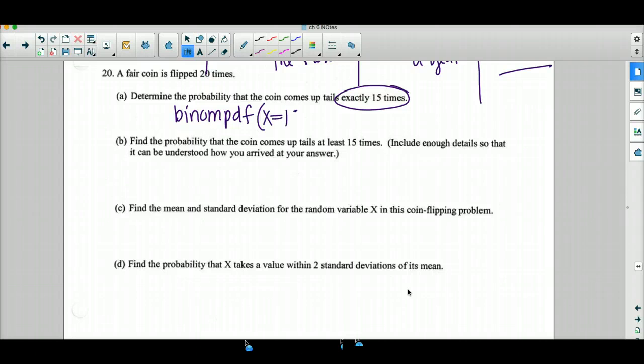X equals 15. So, we have 20 trials. The probability of success is 0.5. The number of wins is 15.